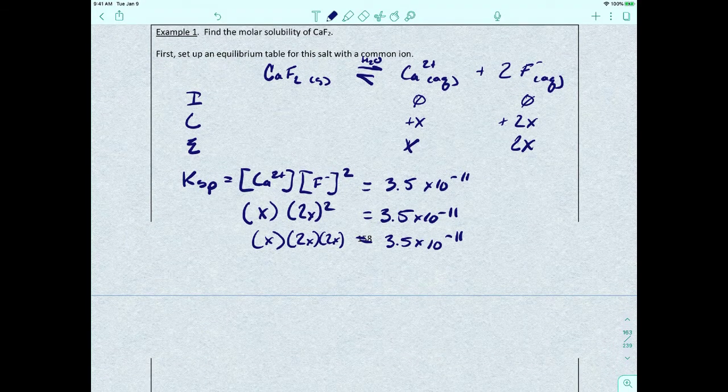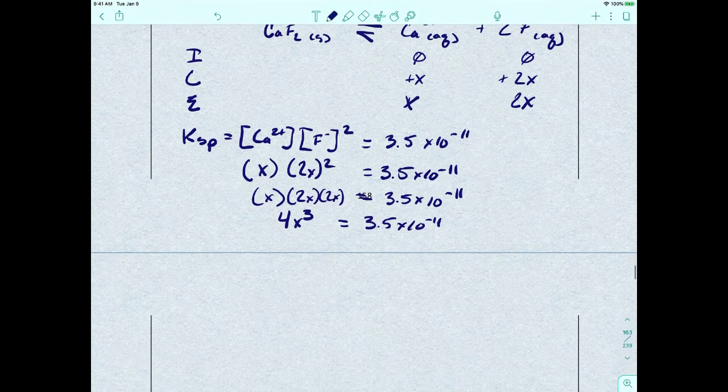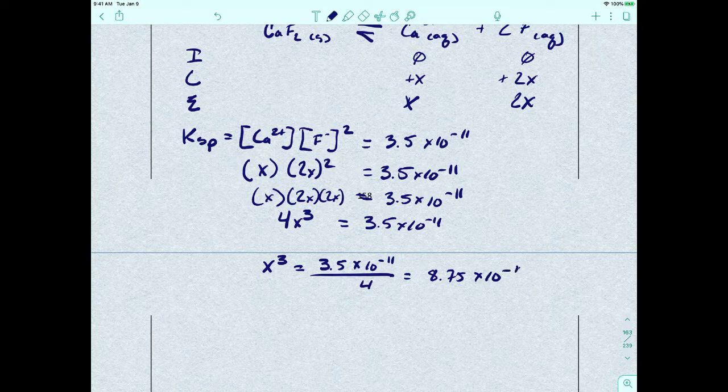So 2x times 2x is like saying 4x squared times x would give us 4x cubed is equal to 3.5 times 10 to the minus 11th. All right, so if I divide both sides by 4, x cubed is going to be equal to 3.5 times 10 to the minus 11th divided by 4, or equal 8.75 times 10 to the minus 12.